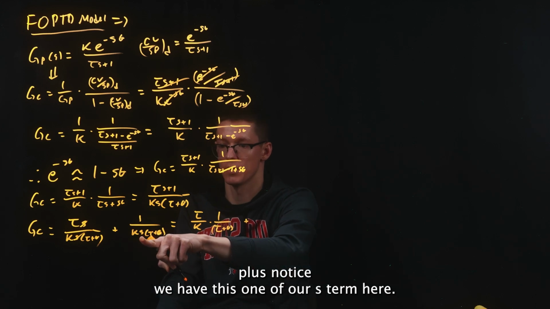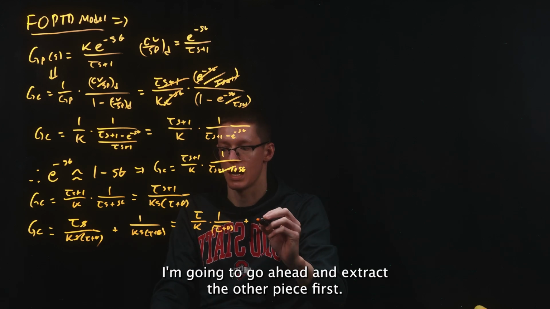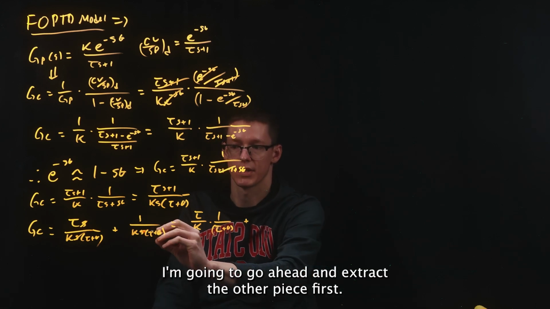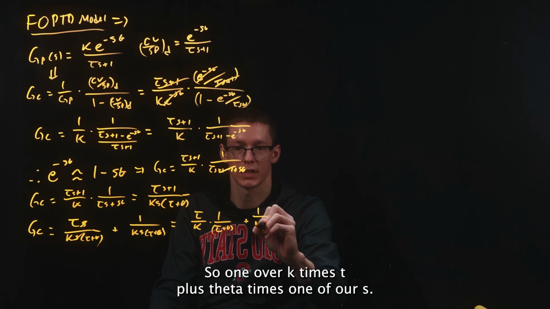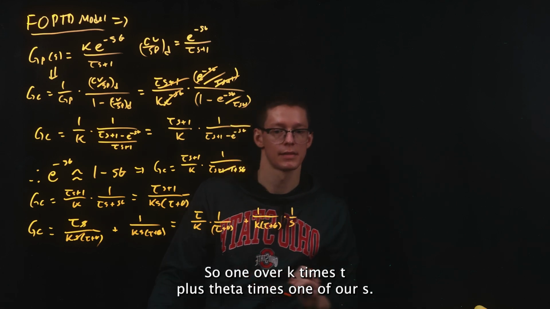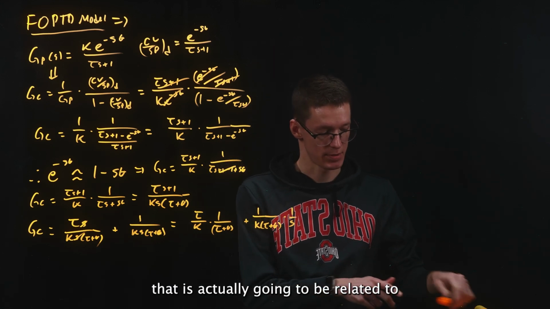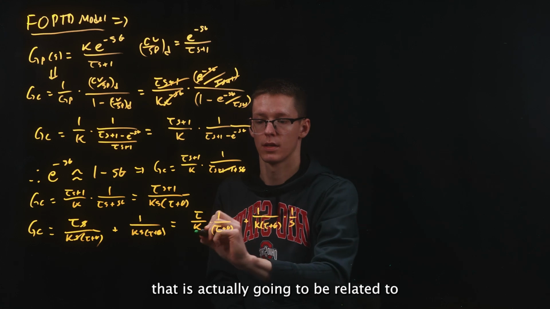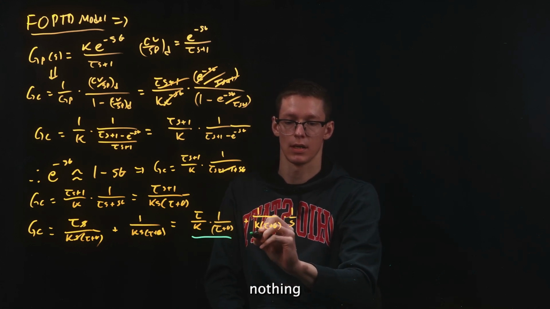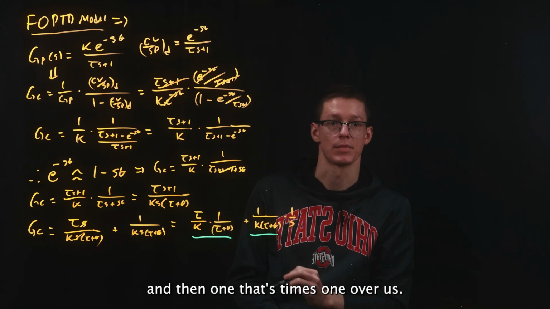Plus, notice we have this 1 over s term here. I'm going to go ahead and extract the other piece first. So 1 over K(T plus theta) times 1 over s. So we have a piece of this expression that is actually going to be related to nothing, and then one that's times 1 over s.